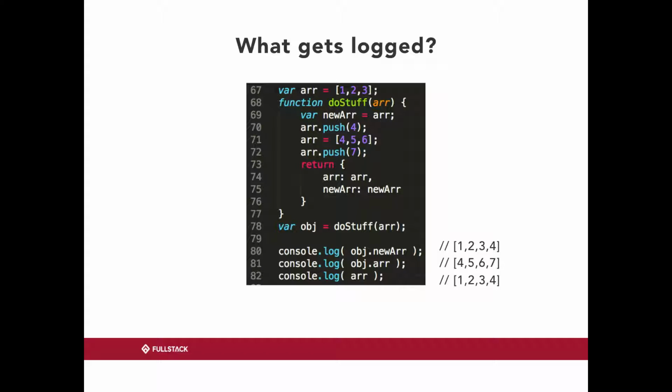This is a bad drawing here, but imagine these wires don't cross. If I point to you now, this does not impact new ARR at all. In fact, what if I don't even point to this? What if I just point this to another array called 4, 5, 6.